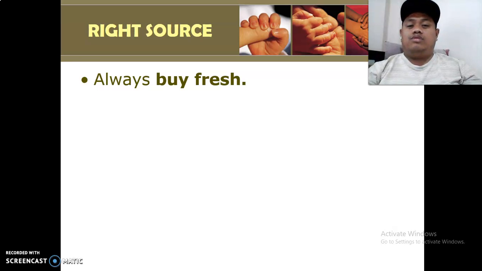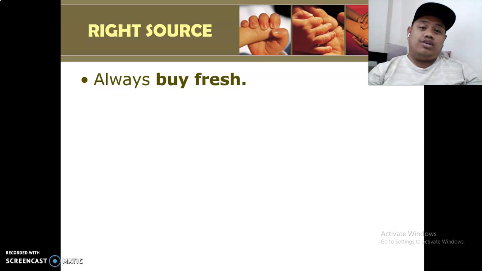We have to take note of the signs of fresh meat versus spoiled meat or what is considered double dead meat.